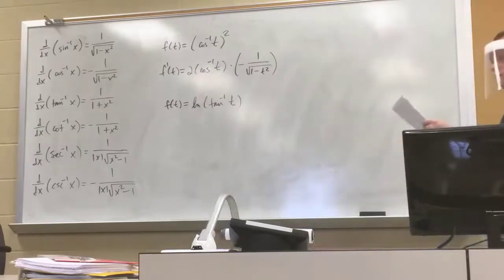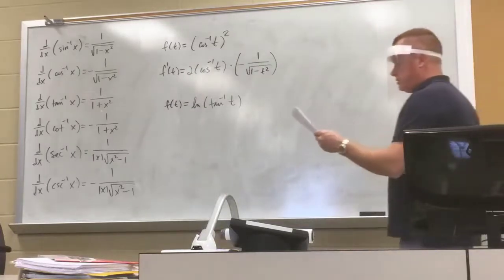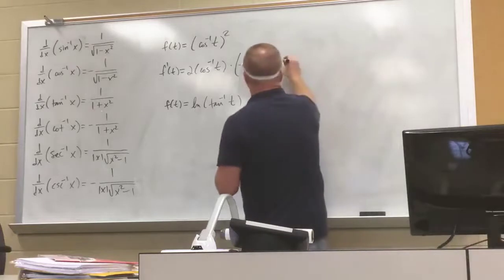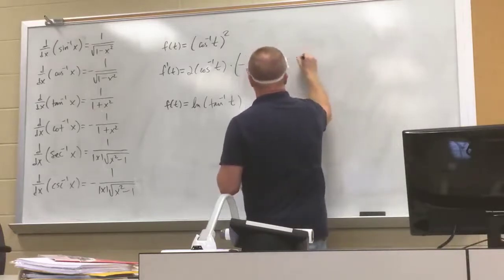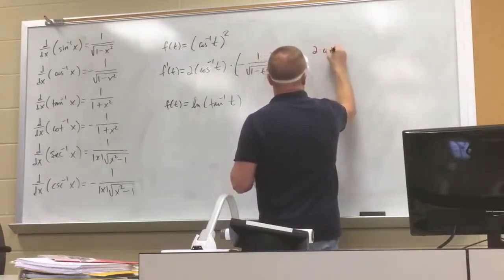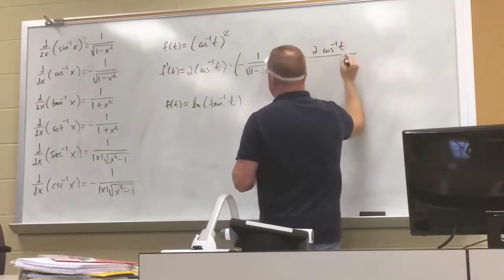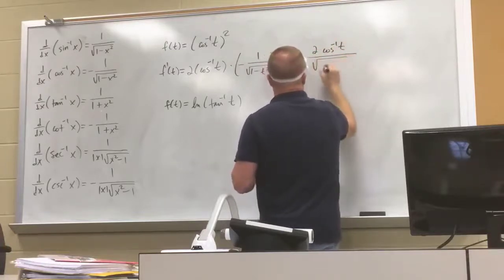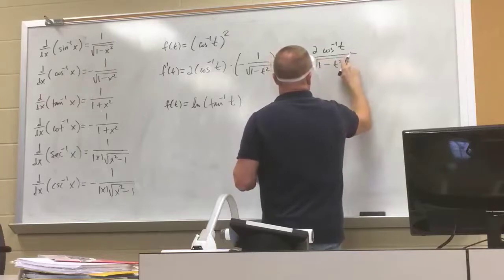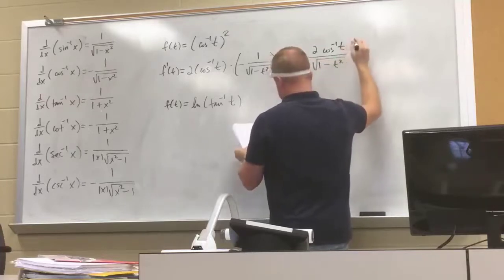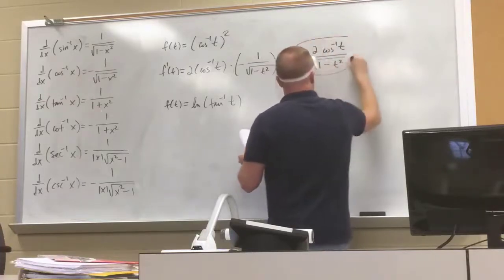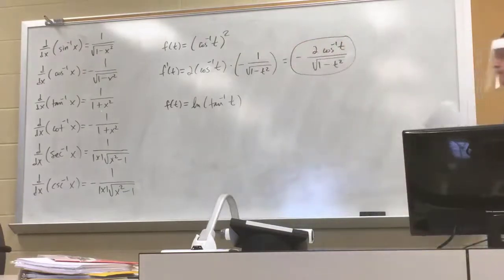That's it. You probably want to put those together, so you just write them as one fraction. Negative 2 inverse cosine t over root 1 minus t squared. Okay. Any questions about that?